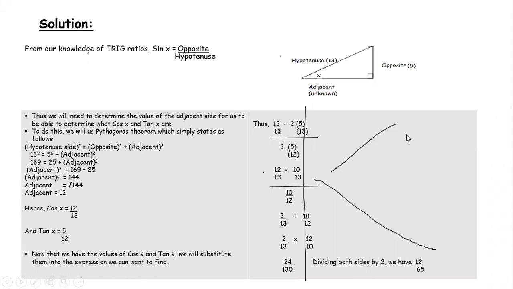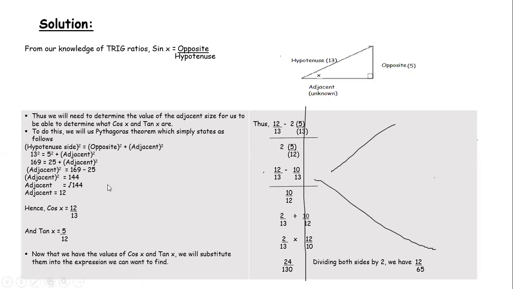From our discussion in the last class, hypotenuse squared is equal to opposite squared plus adjacent squared. Our hypotenuse is 13 and our opposite is 5. So 13 squared equals 5 squared plus adjacent squared. 13 squared is 169 and 5 squared is 25.